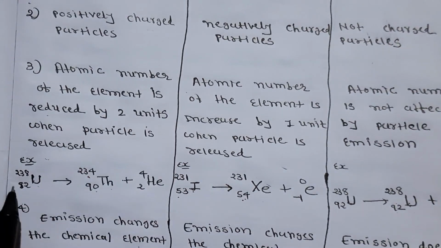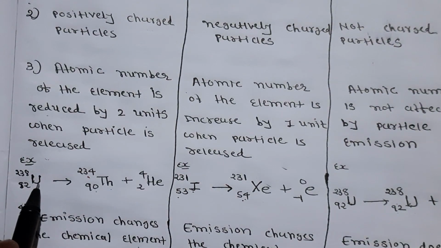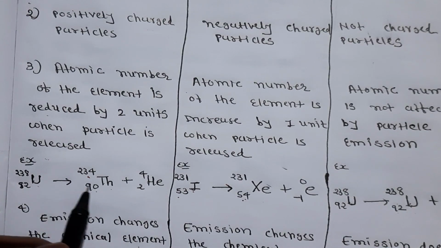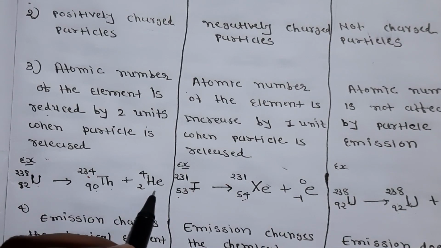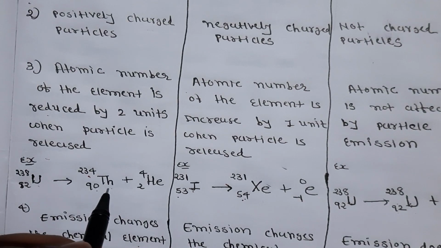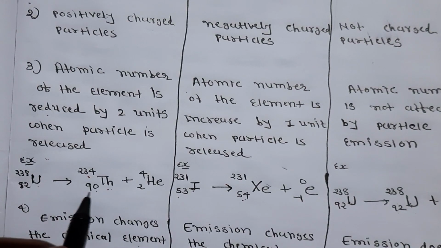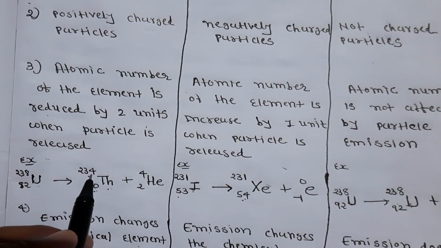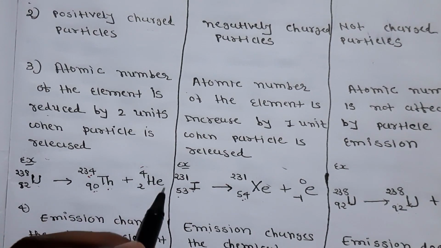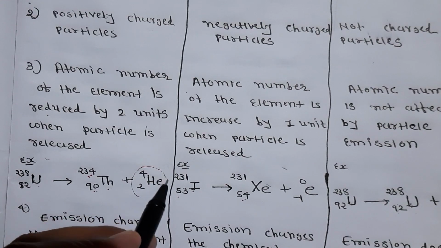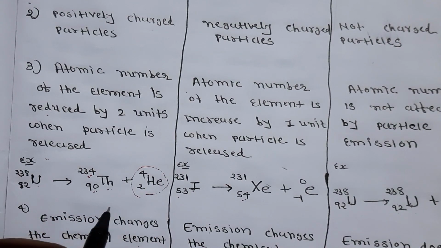Here we can understand with the help of an example. Uranium, when converted by emitting an alpha particle into thorium, the atomic number decreases by 2 units and atomic mass decreases by 4 units by emitting the alpha particle.